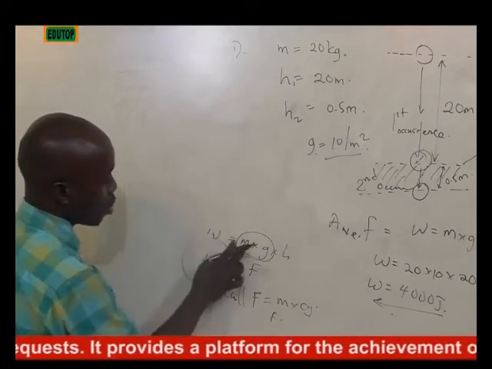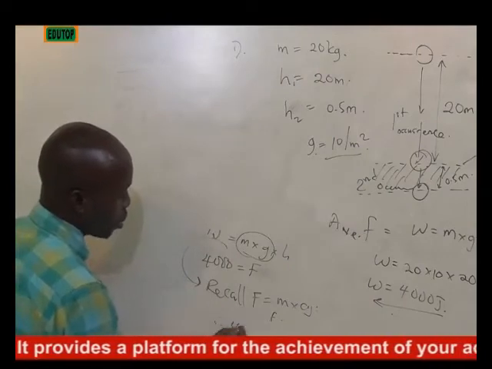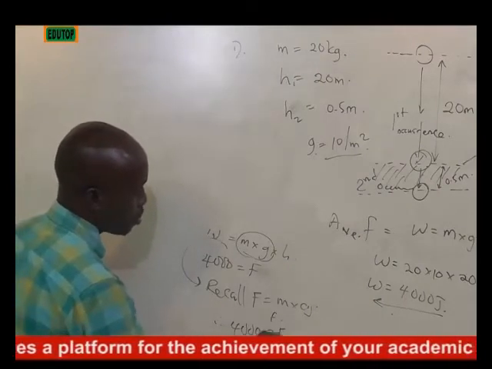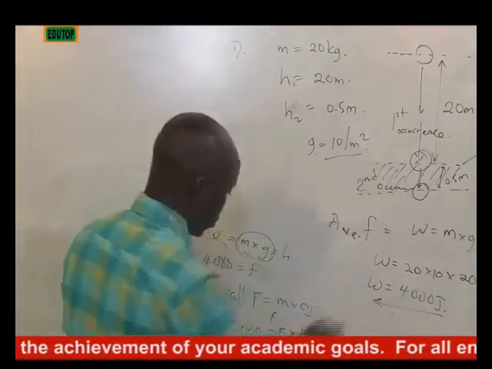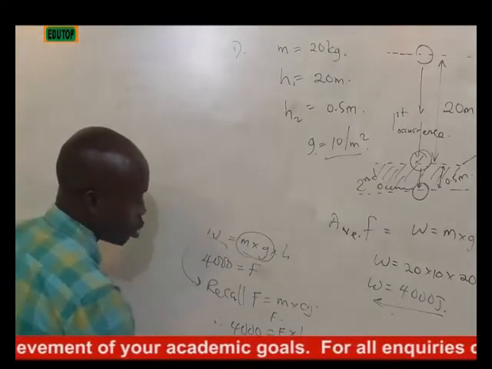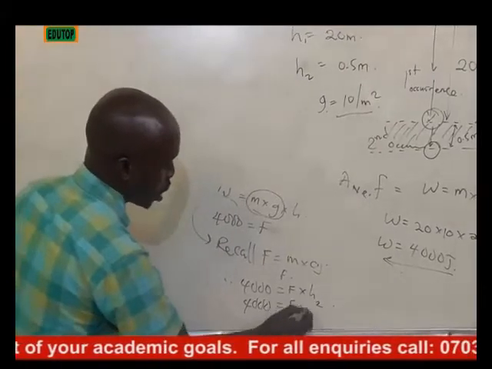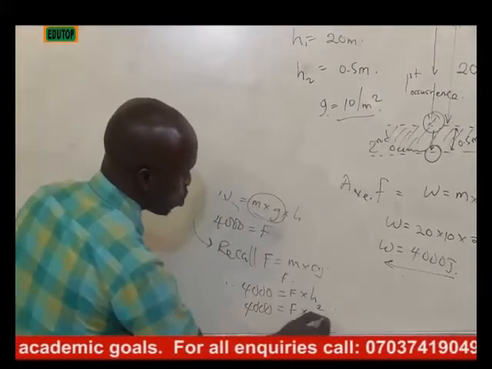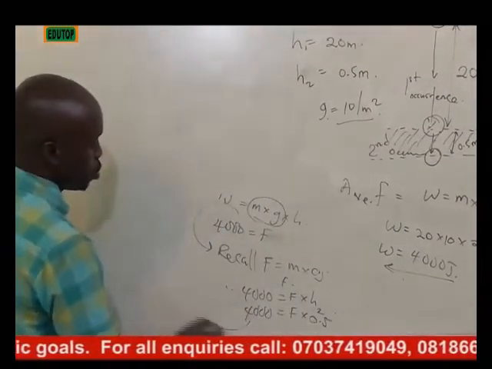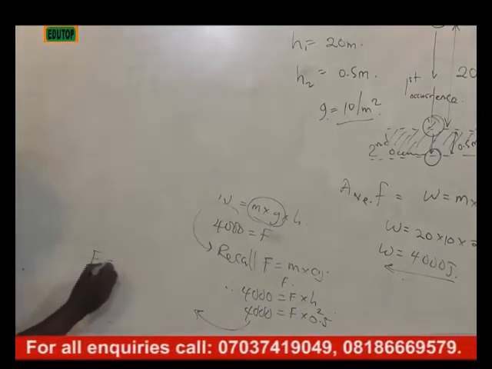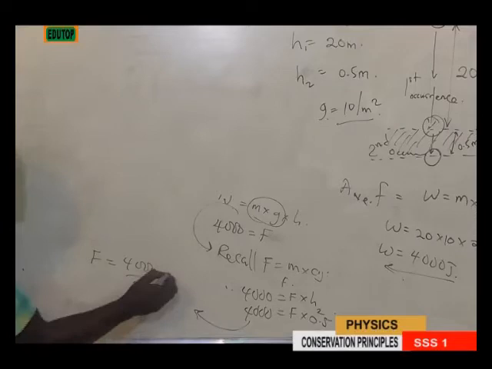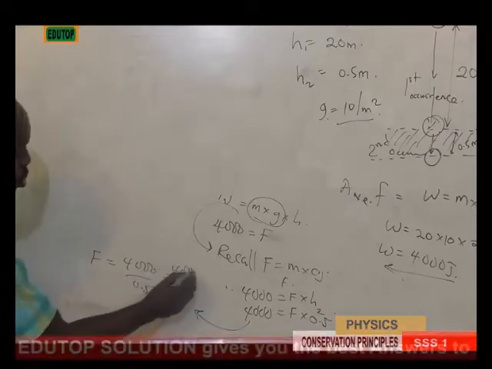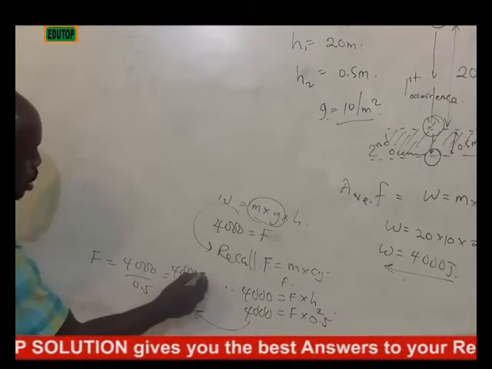So from there, you have a force here. Now, you input your force into your formula. So from there, you have your 4,000 equals force times that height, and that's your H2. So you have 4,000 equals force, which is what you are looking for, times the small height, which is 0.5. So from there, you'll be able to obtain your force as 4,000 divided by 0.5, which will give you 4,000 over 5 times 10.